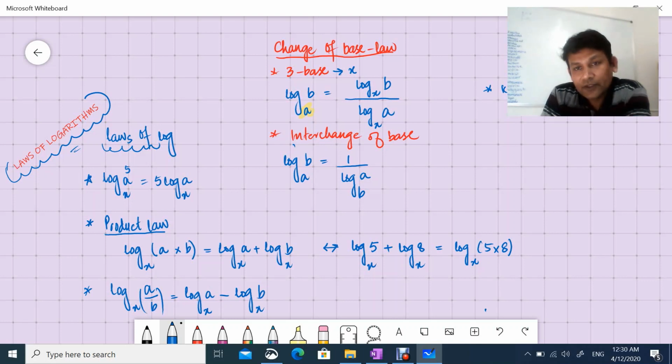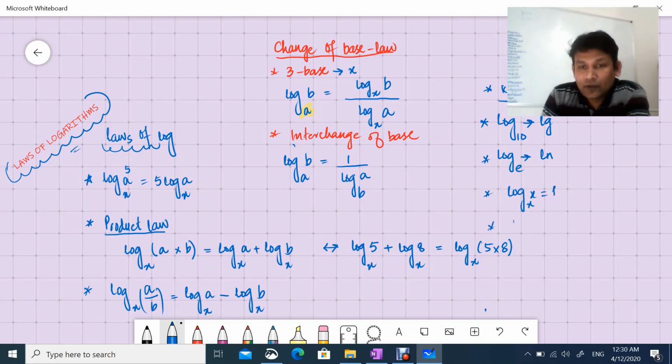Key points are that log base 10 is called lg, log with base e is called ln, and log x of x is equal to 1, log x of 1 is equal to 0, and lg 10 is also 1 because the base is 10, and ln e is also 1.